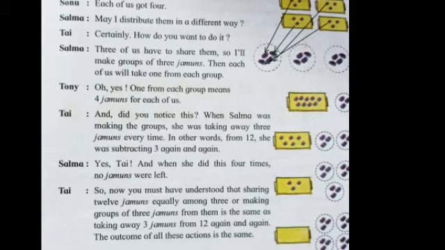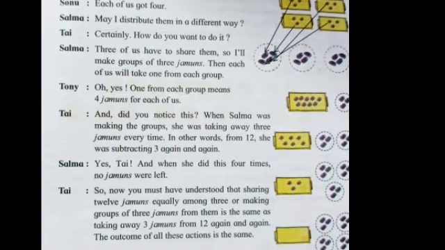Salma: 3 of us have to share them, so I will make groups of 3 jamuns. Then each of us will take one from each group. Tony: Oh yes, one from each group means 4 jamuns for each of us.